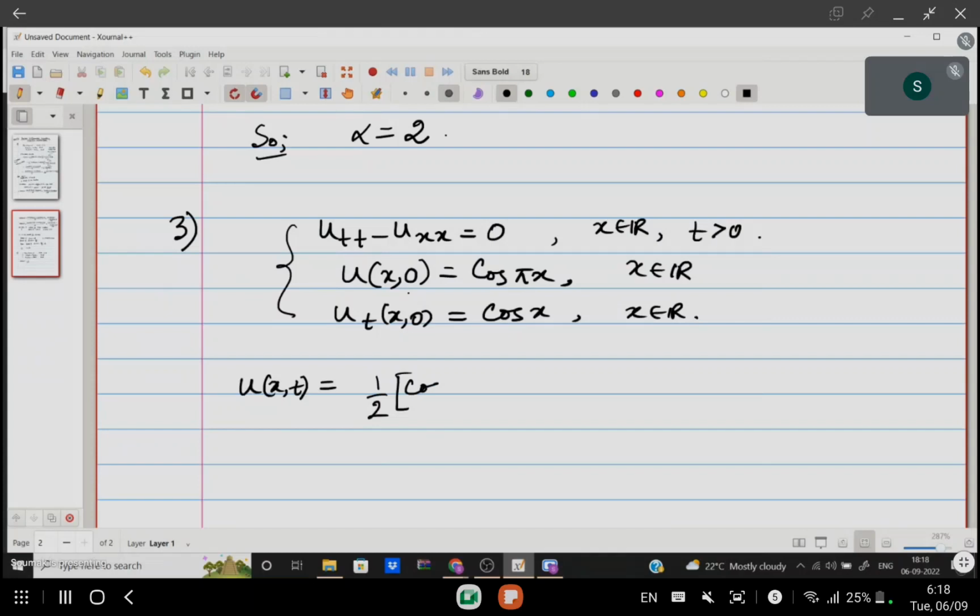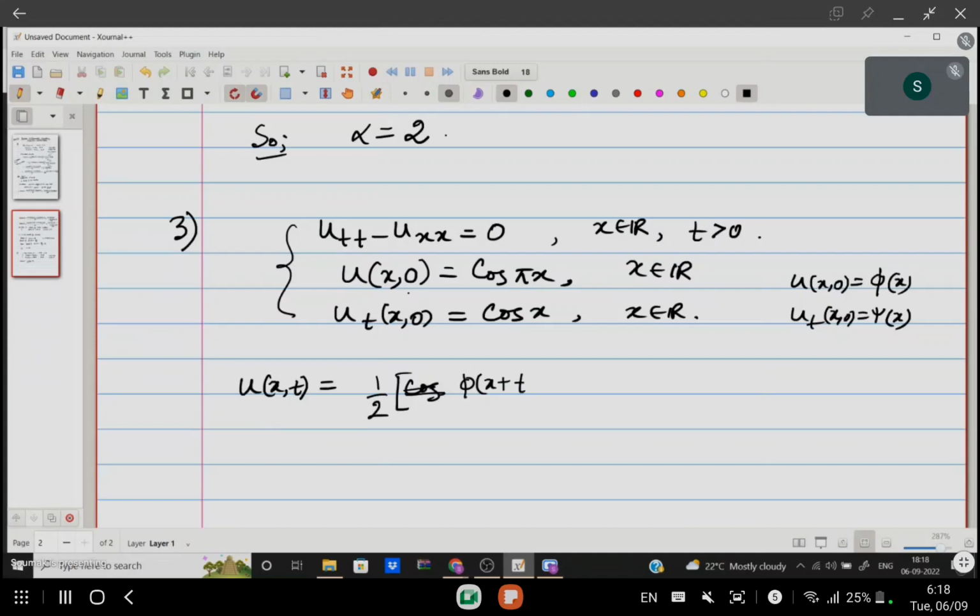Okay, I understand, you are right. Suppose u(x,0), which is cos of pi x, I write as phi of x, and u_t(x,0) I write as psi of x.